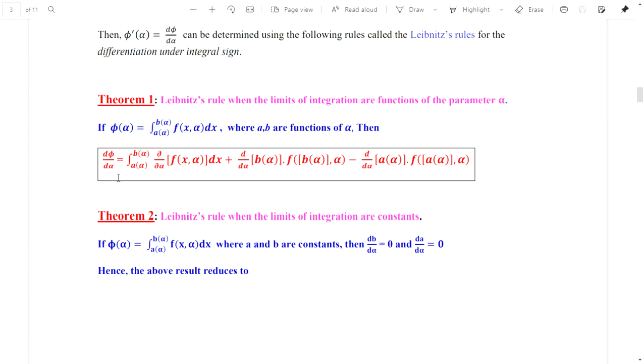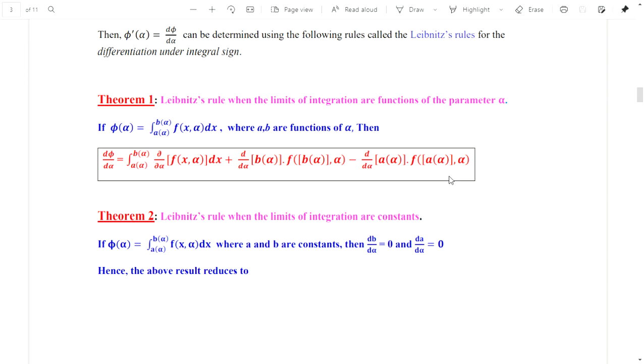So d phi by d alpha is equal to integral of a(alpha) to b(alpha) of dou by dou alpha of f(x, alpha) dx, plus d by d alpha of the upper limit b(alpha) into f(x, alpha) with x replaced by the upper limit, minus d by d alpha of the lower limit a(alpha) into f(x, alpha) with x replaced by the lower limit. This is the Leibniz rule when the limits of the integration are functions of the parameter.